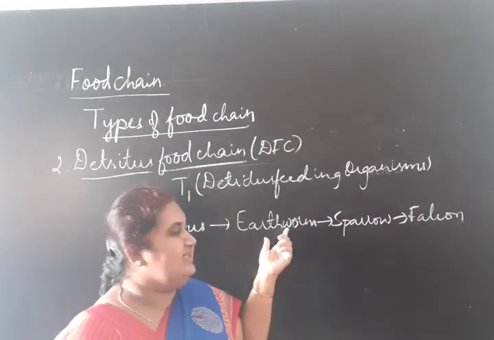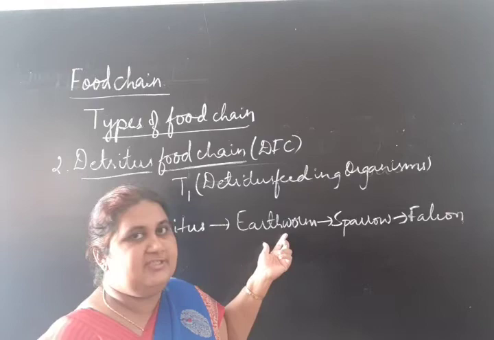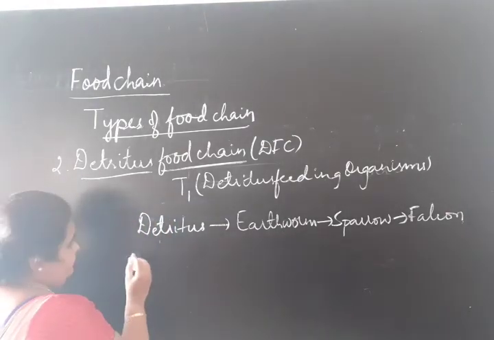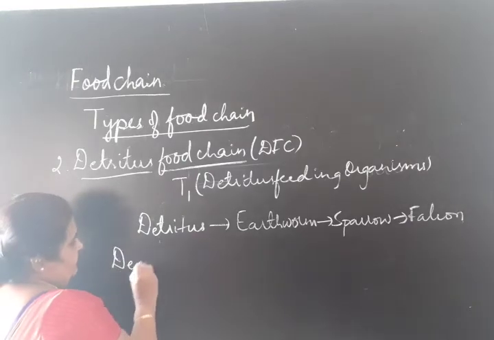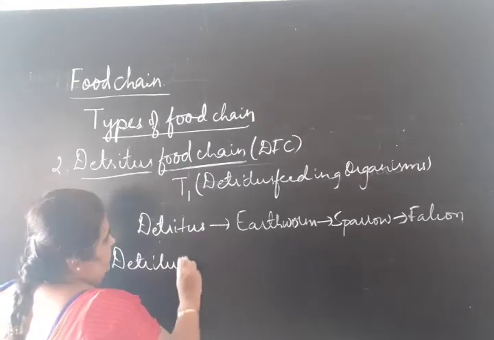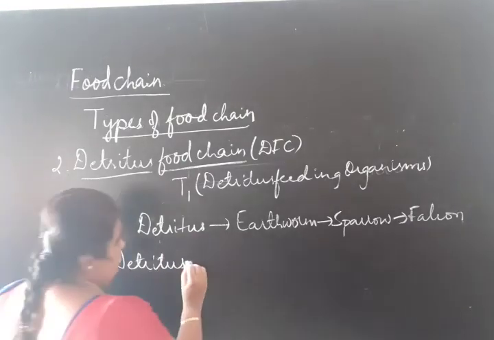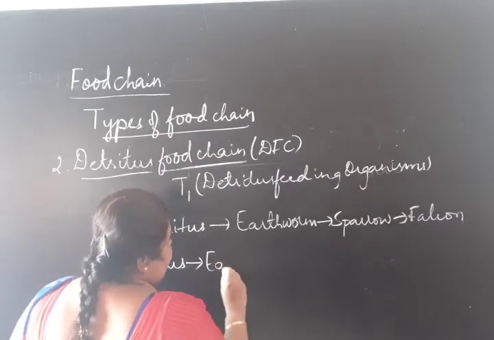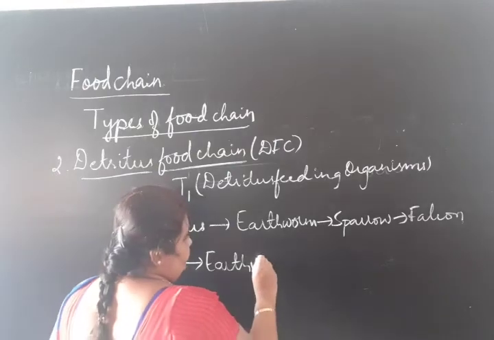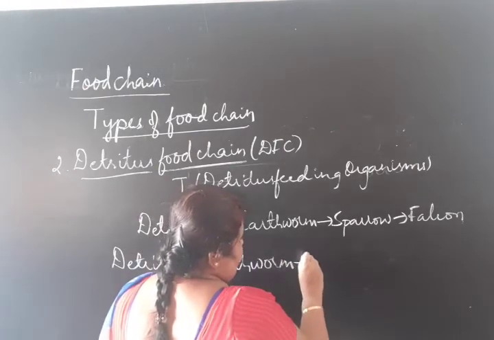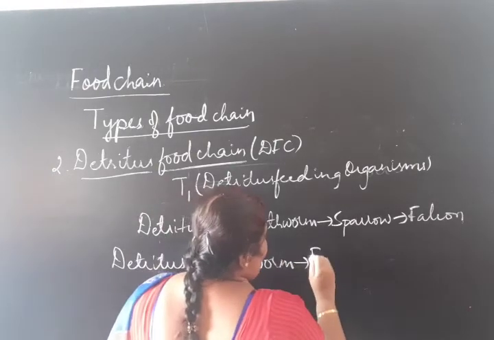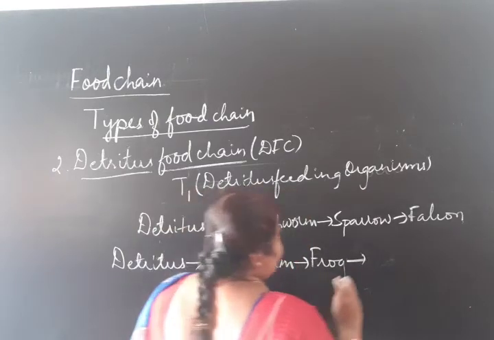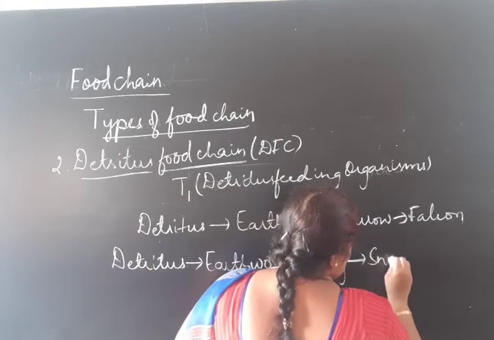The first trophic level is occupied by the detritus feeding organisms. Another example: detritus, earthworm, frogs. Earthworms are eaten by the frogs. Frogs are in turn eaten by the snakes.